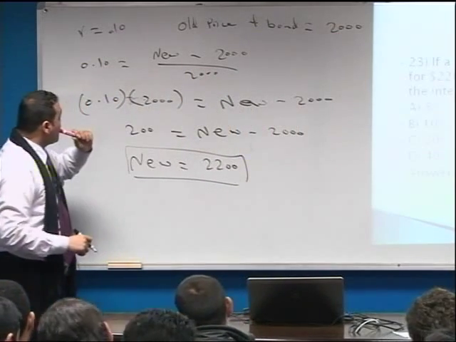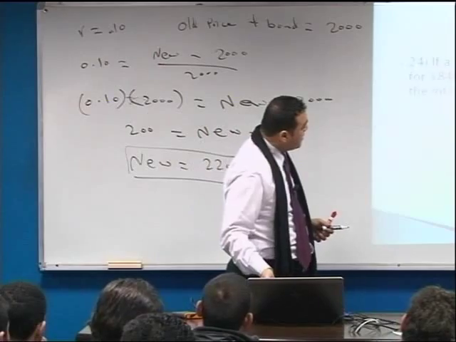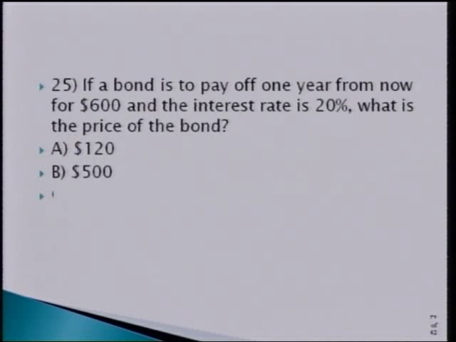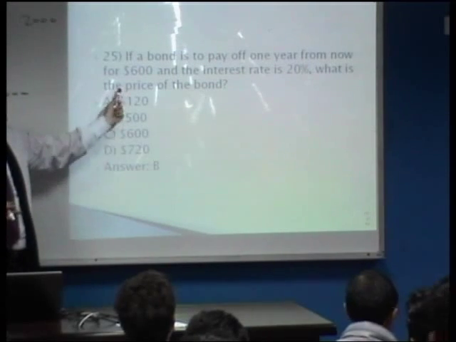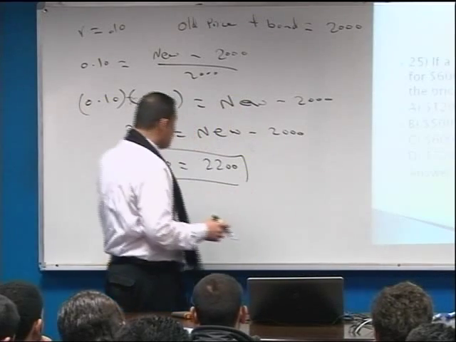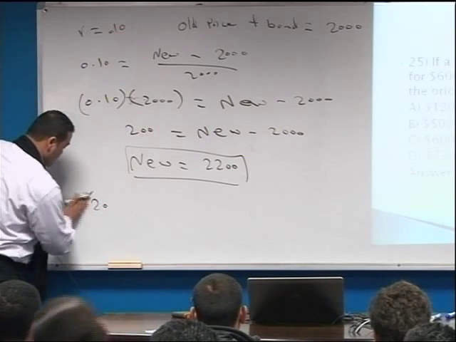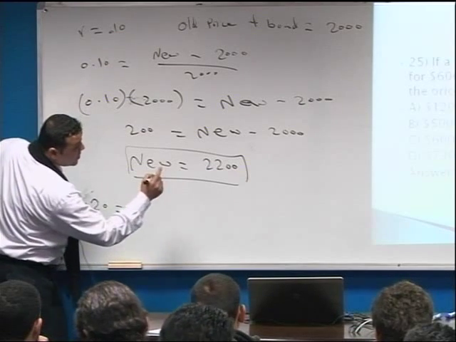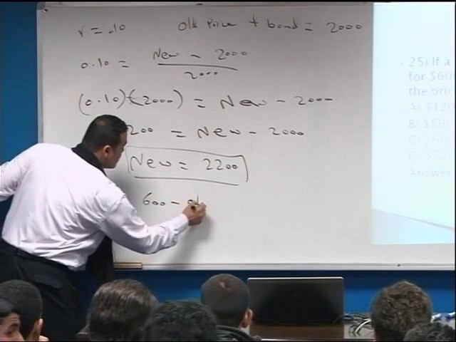Suppose the new price is given. Let's see another example. It's the same here. If the bond is to pay off 1 year from now $600, its price after a year is $600, and the interest rate is 20%, what is the price of the bond? Okay, substitute in the formula. The interest rate 20% equals the new, 600, minus the old over the old.